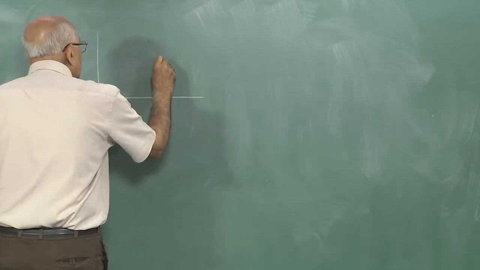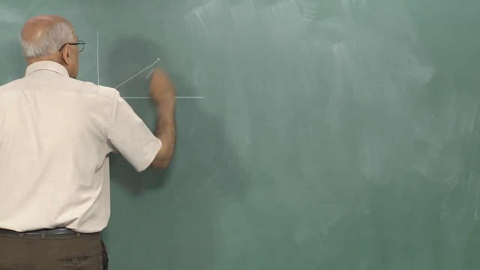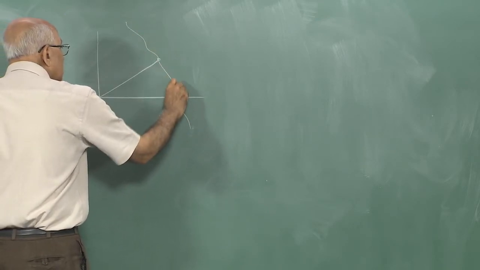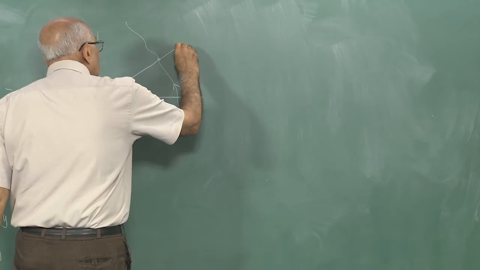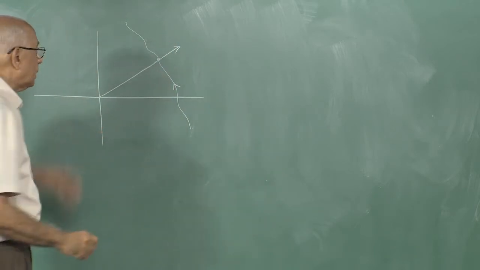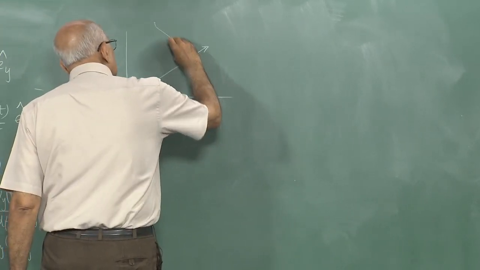Given the fact that the position of the particle is some radius vector at an initial time, and its path is like this, we are trying to find at every instant of time what is the radial velocity, for example, or the radial acceleration, and what is the acceleration which is in the azimuthal direction.